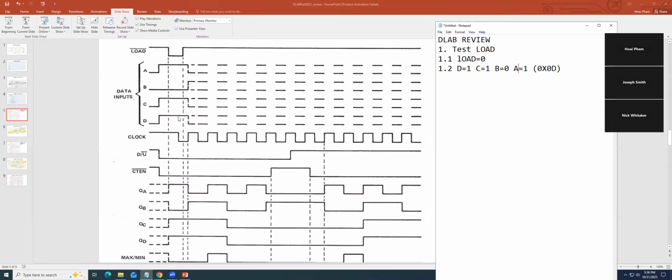Input here. You see that? That area where the dashed lines are in between, that is load. Going down. Right. Now you get QA. See that? QA is high. QB is low. And C and D is high. Then number 3. Output.